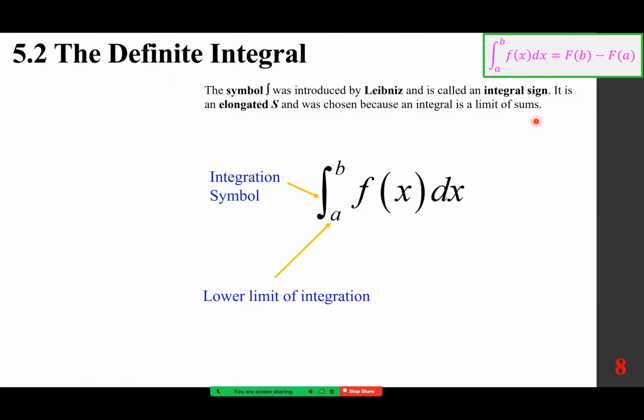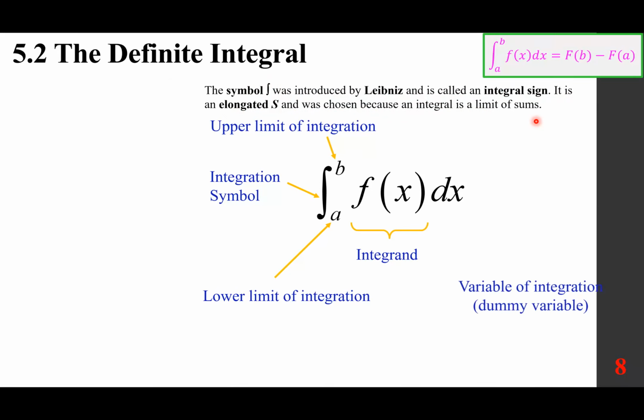Lower limit of integration. Upper limit of integration. Integrand, what we are integrating. dx, variable of integration, also known as the dummy variable.